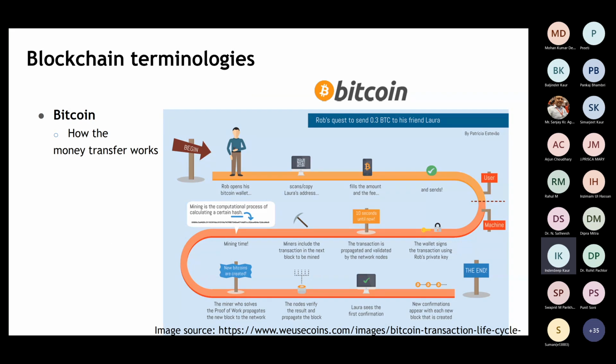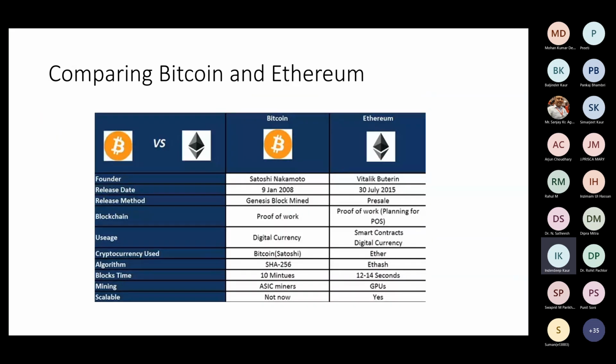If we try to compare two of the most important platforms used for successful execution of smart contracts, these two platforms are Bitcoin and Ethereum. If we pen down the differences between these, it is about different parameters.